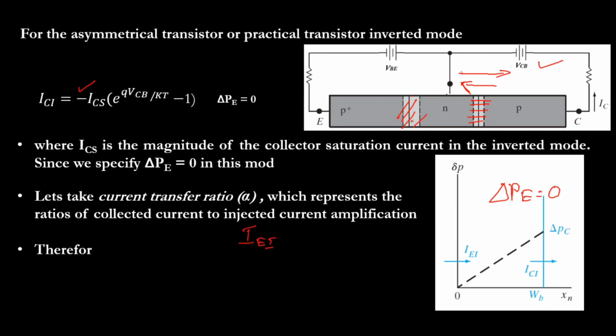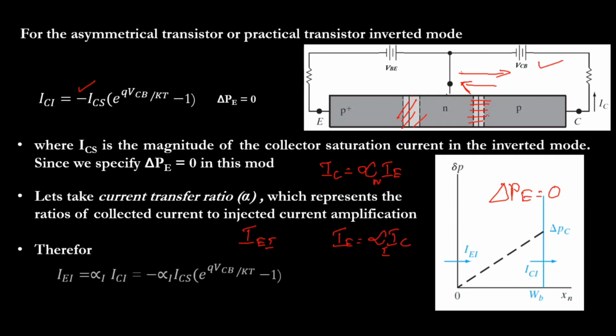Since it is reverse bias, I can use the current transfer ratio here also, but in the previous case my expression is IC equal to alpha IE, and in this expression IE is equal to alpha I into IC. Whatever the current flowing through this junction should be alpha times greater than whatever the current flowing through this junction, because this is reverse bias and this is forward bias.